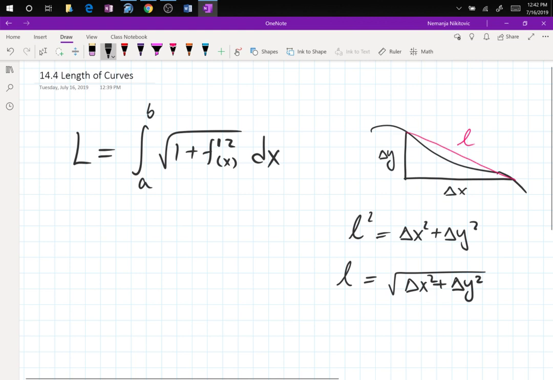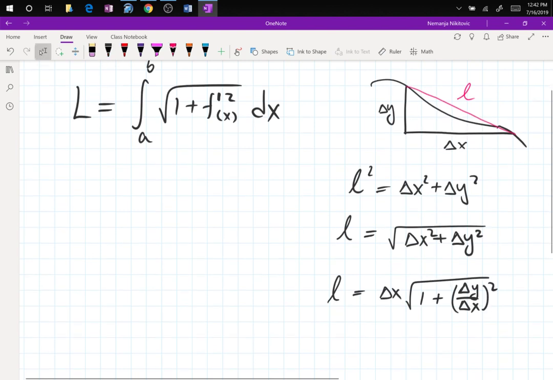And now, if you factor out delta x squared from both terms, delta x escapes the square root as a single, and you will have 1 plus delta y over delta x, everything squared.